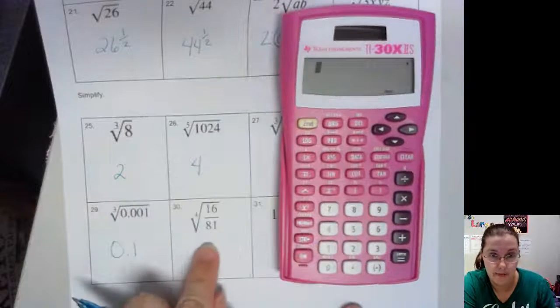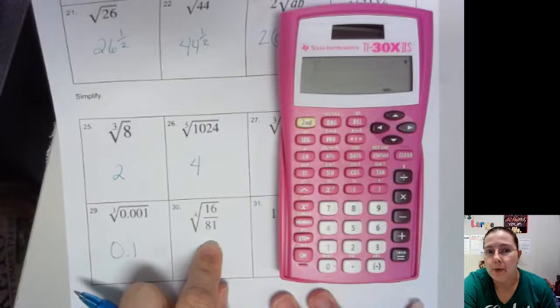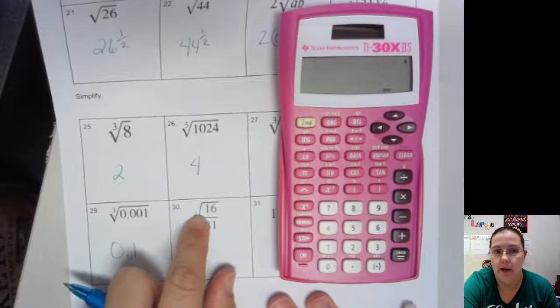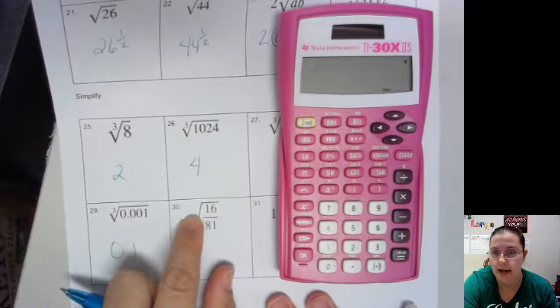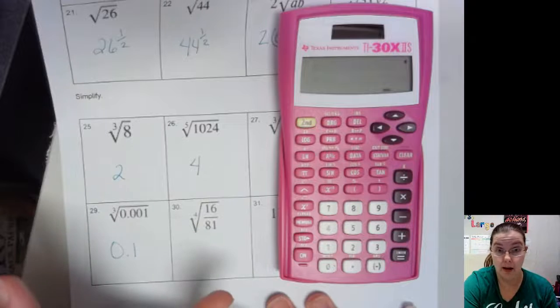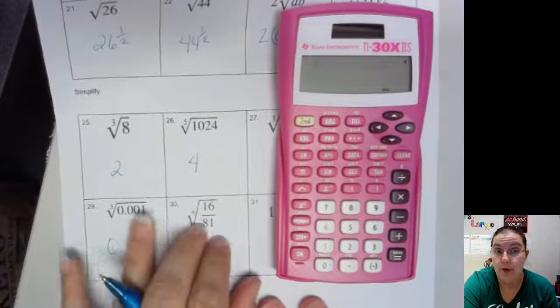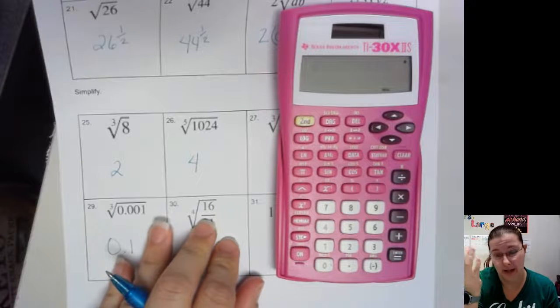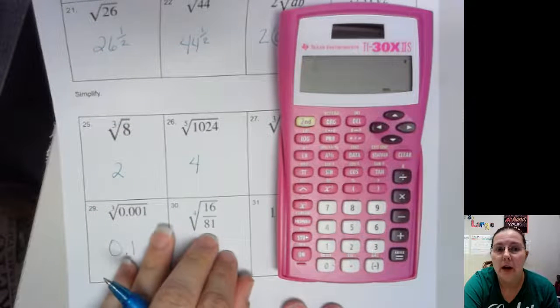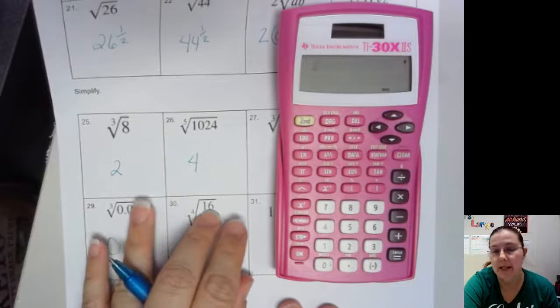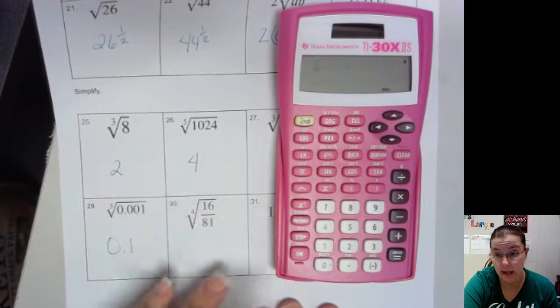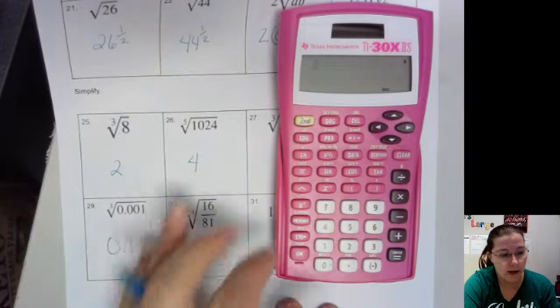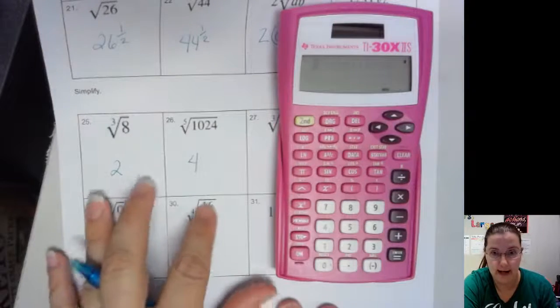Looking at our next one, we have a fraction. Now all this really is, is taking the 4th root of the top number and the 4th root of the bottom number. That's all it is. You don't have to put it in as a fraction. It's easy if you do because the calculator is doing the work for you. But if you want to do the 4th root of 16, the 4th root of 81 and get your answer, that'll work as well. But I am going to put it in as a fraction.